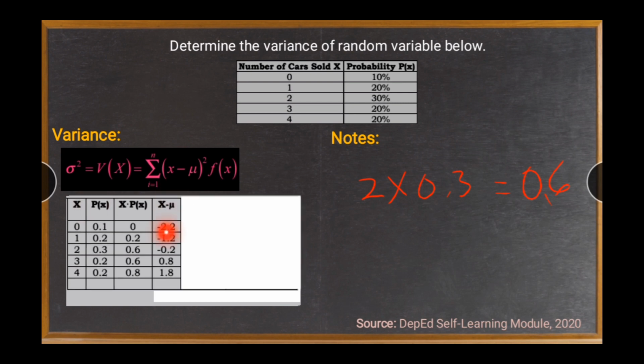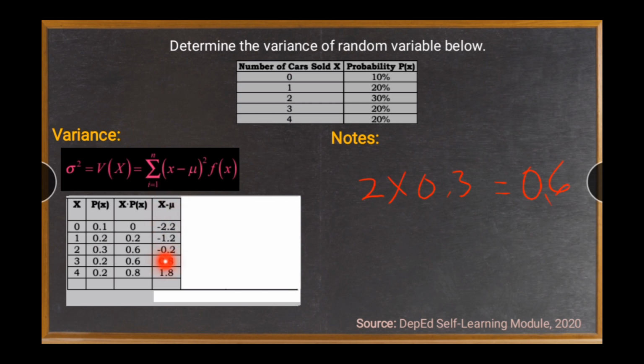For your fourth column, subtract the mean from the random variable. Again, you need to solve the mean first. That's why I presented the process on computing the expected value or mean first, because that will be useful to solve for the variance.